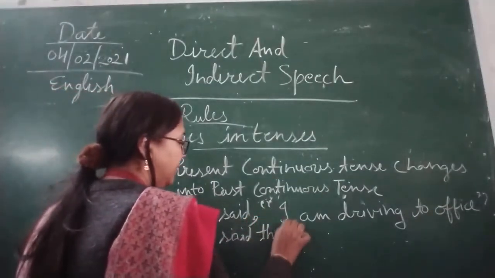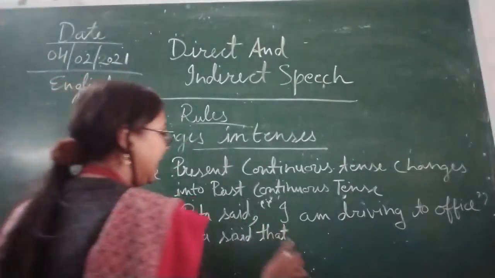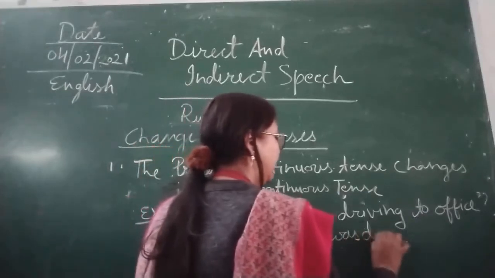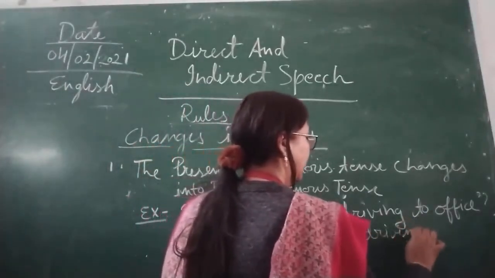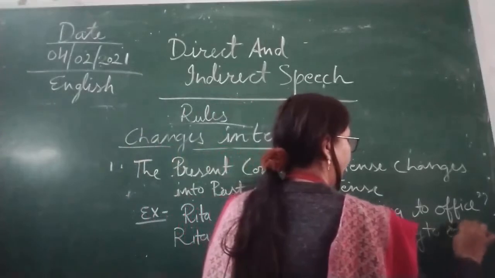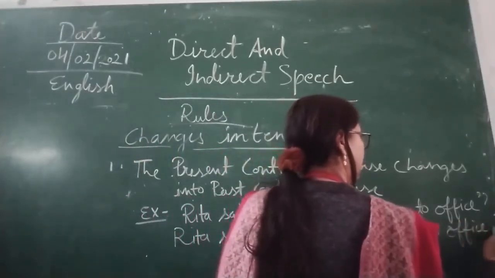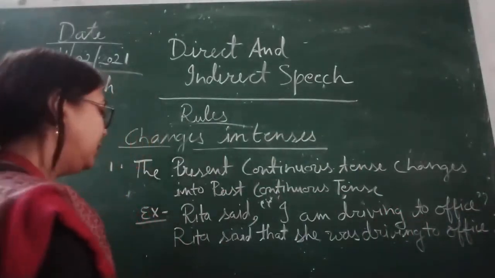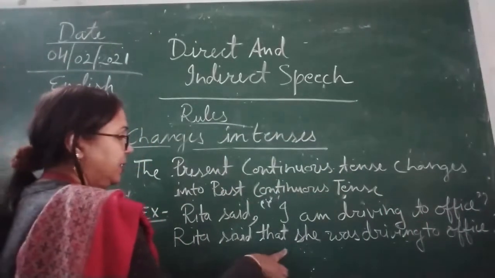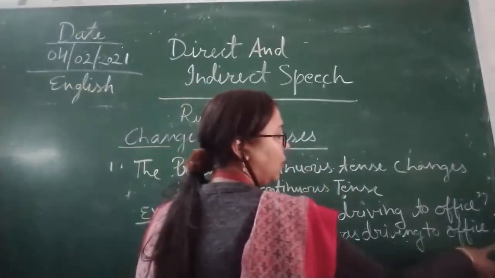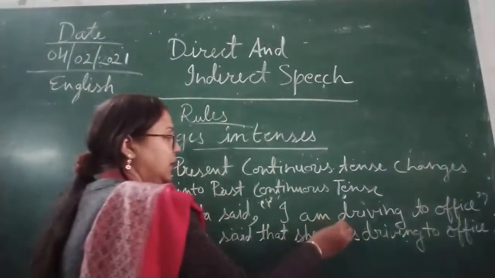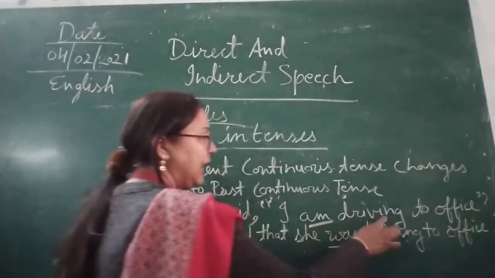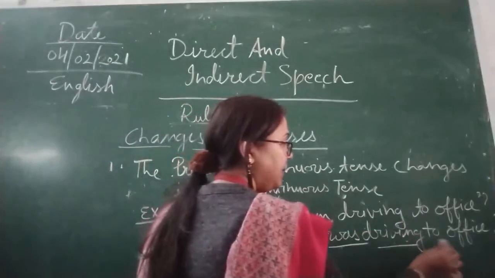In place of that we are going to use "that she was driving to office." So what we have changed over here, children, you can see: Rita said that she was driving to office. In place of "am" I have written "was", "ing" will remain the same, to office.